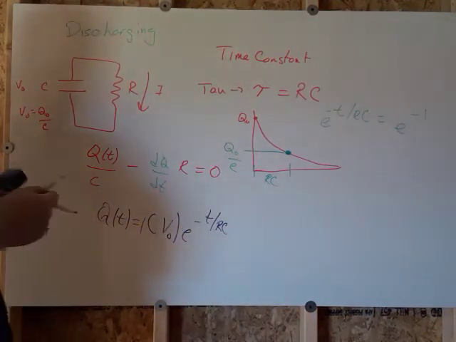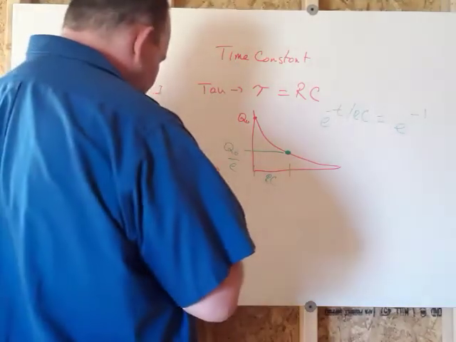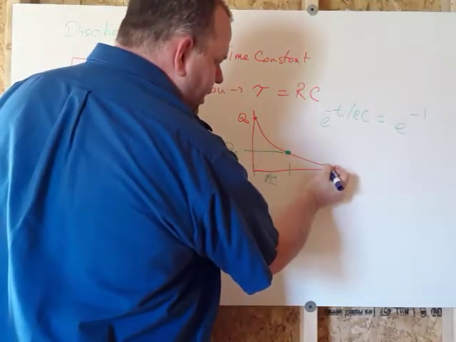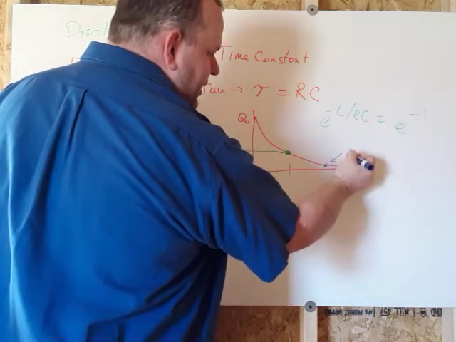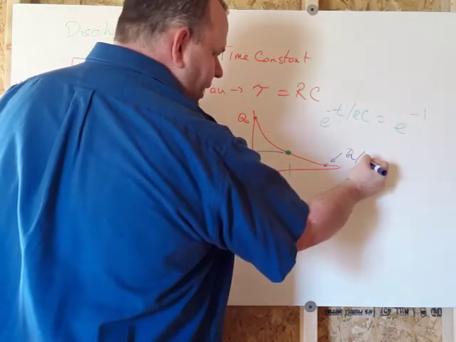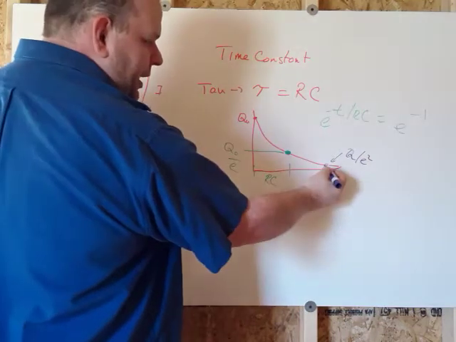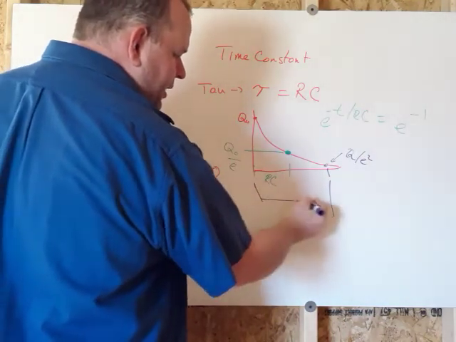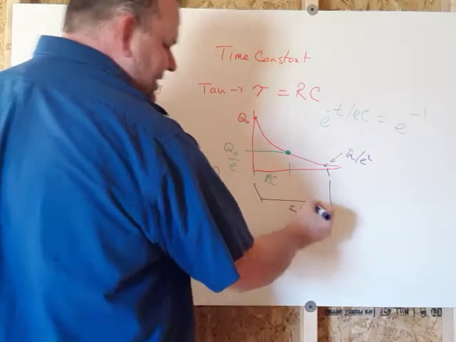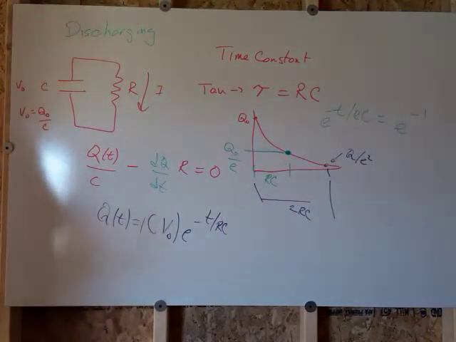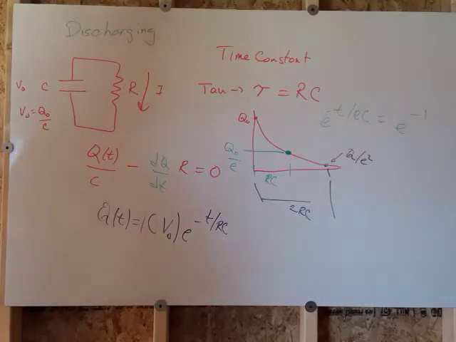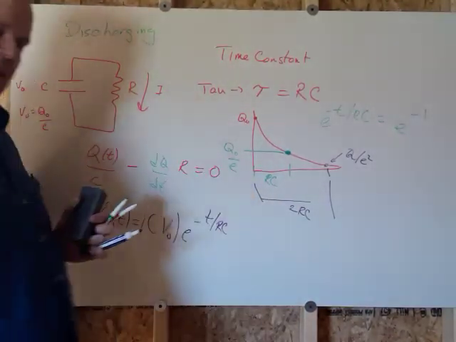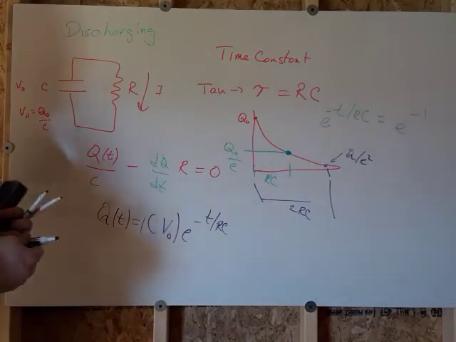Now what happens is there's another point over here. This point is Q naught over e squared. And it is from here to here 2 time constants. So what happens is the time constant is the time that it takes to lose 1 over e. Time it takes to reach 1 over e of its original value.